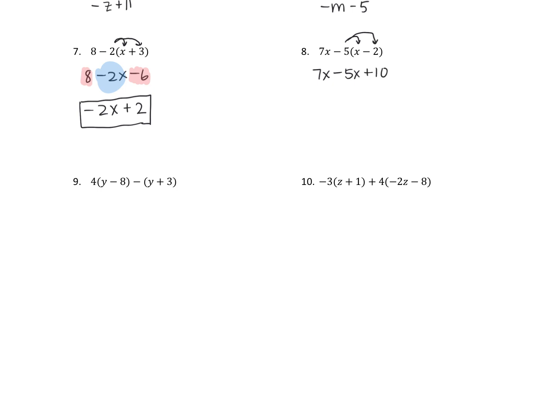Again, we're going to look for like terms. You will see that we have 7x and a negative 5x are like. And then the positive 10 is the constant term, and there's nothing like with that. So 7x minus 5x is 2x, and then bring down the plus 10. These are not like terms, so that's it.